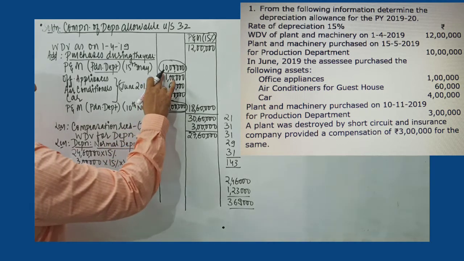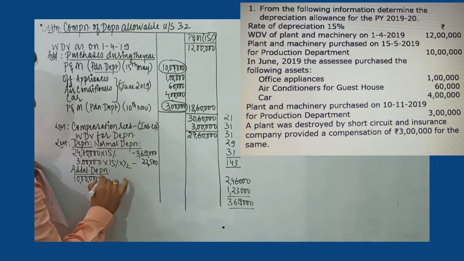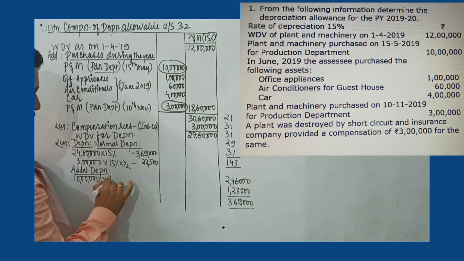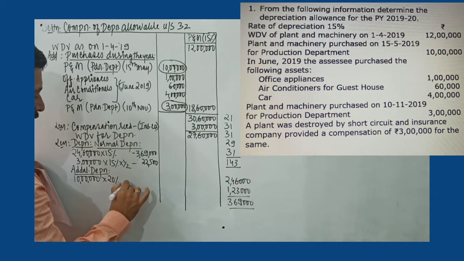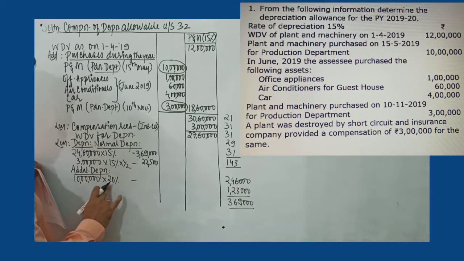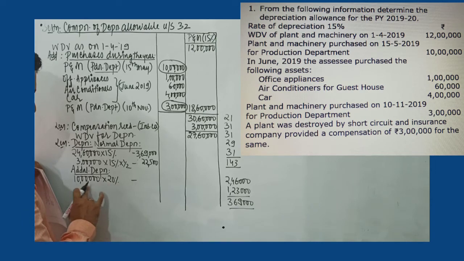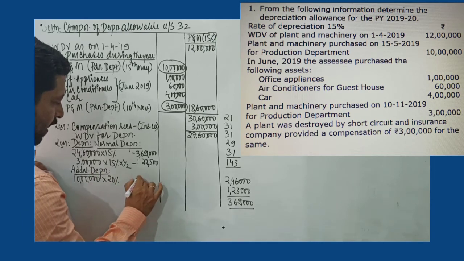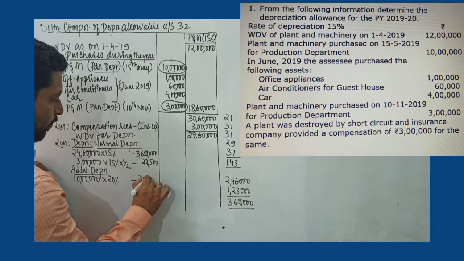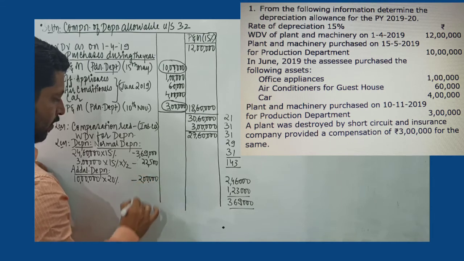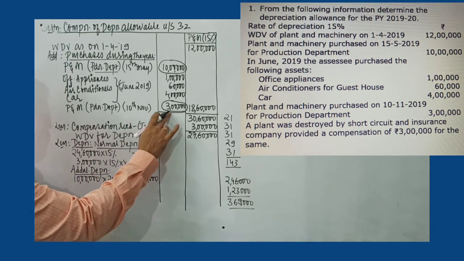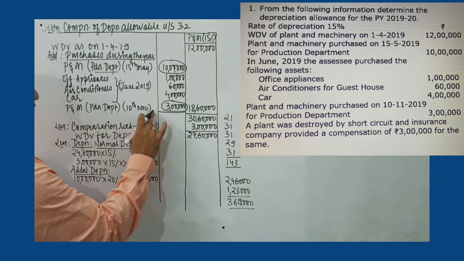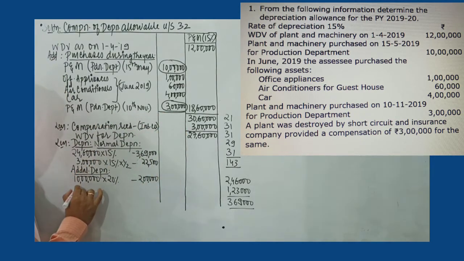So new plant and machinery purchased on 15th May to 31st March is definitely more than 180 days. So full year's depreciation, additional depreciation rate is 20%. So 20% of 10 lakh is 2 lakh. And then we have this another plant and machinery purchased for production department worth 3 lakh rupees.